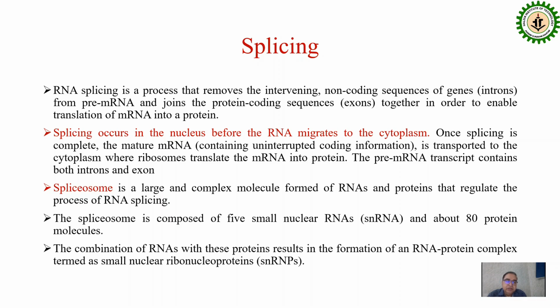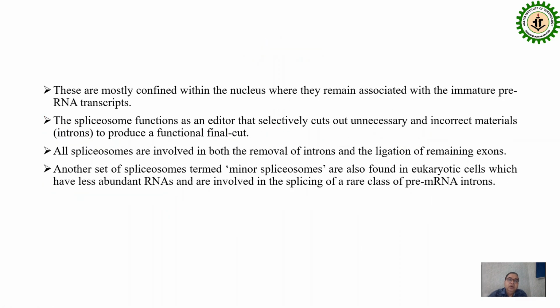The combination of RNAs with those proteins results in the formation of RNA-protein complexes termed small nuclear ribonucleoproteins, or snRNPs. They are mostly confined within the nucleus, where they remain associated with the immature pre-mRNA transcripts.